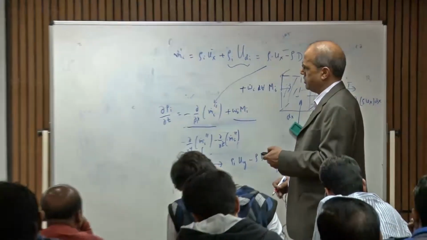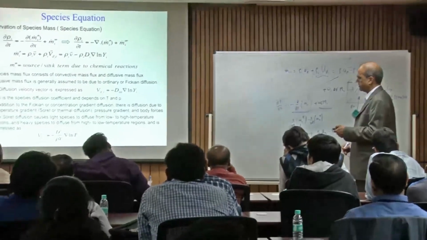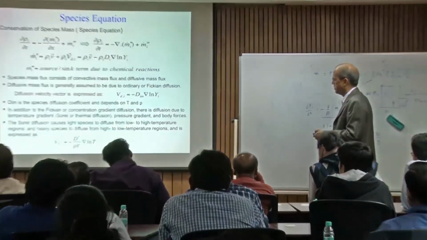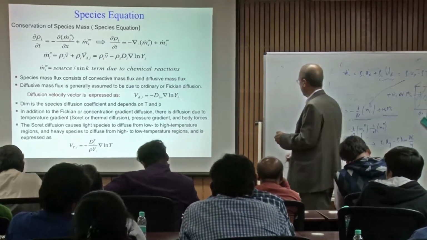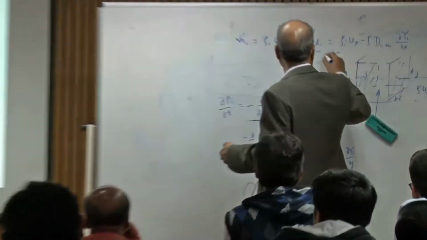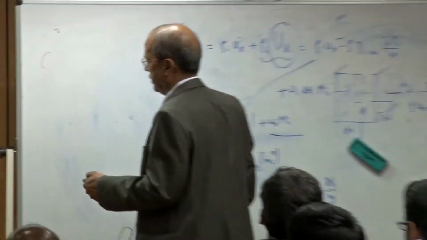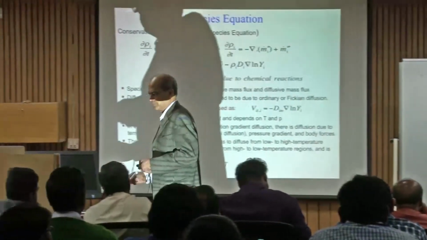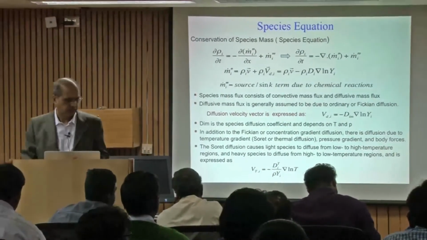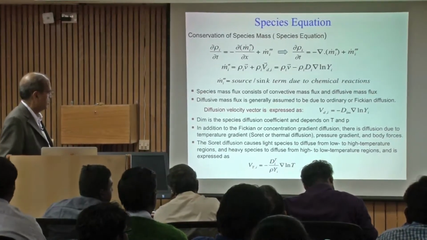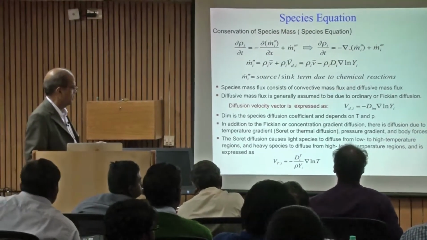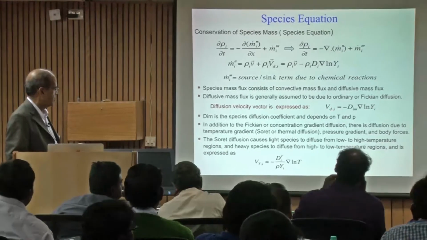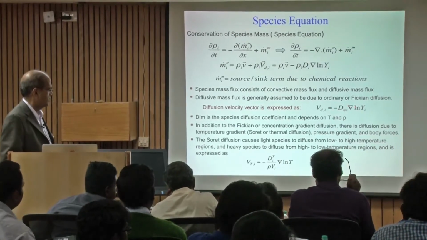So this is Fick's law. This is called the diffusion velocity here. You can write it in the vector form, so it will be like this. This is the same as what I had written there. In general, you can write the diffusion velocity like this.